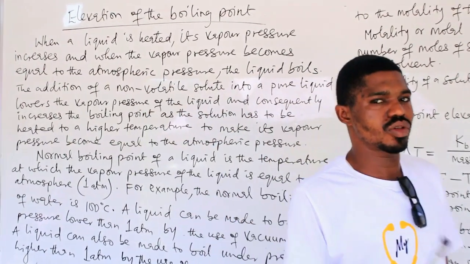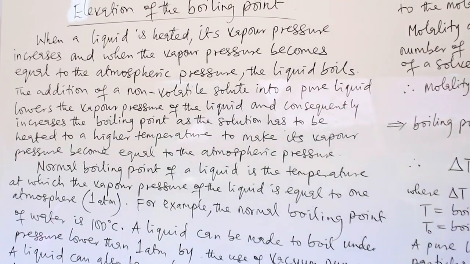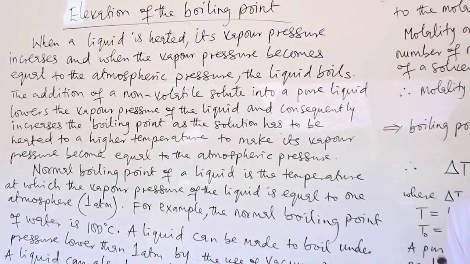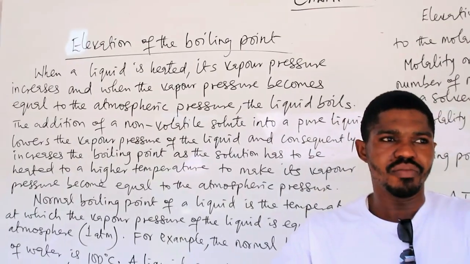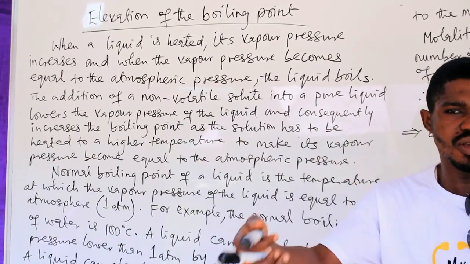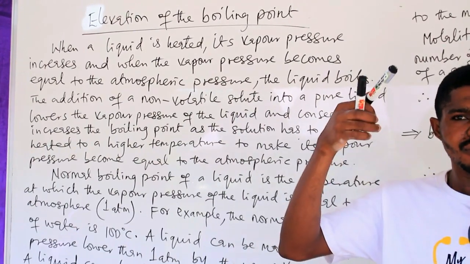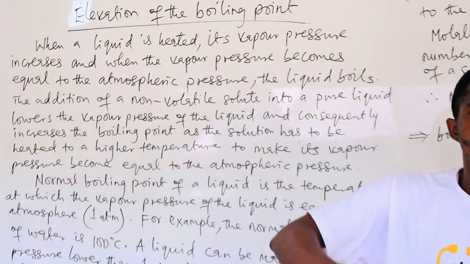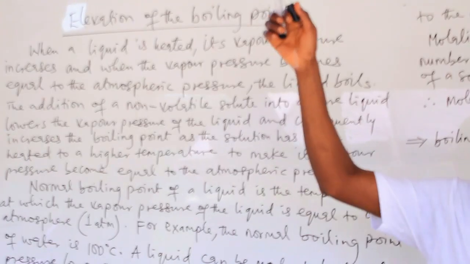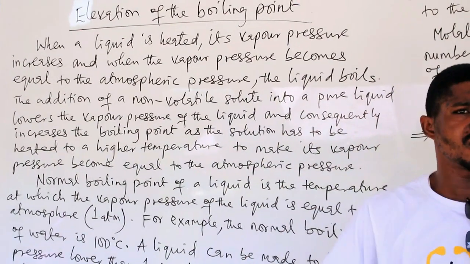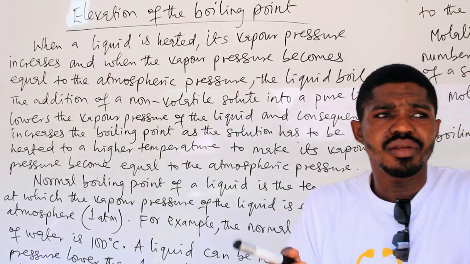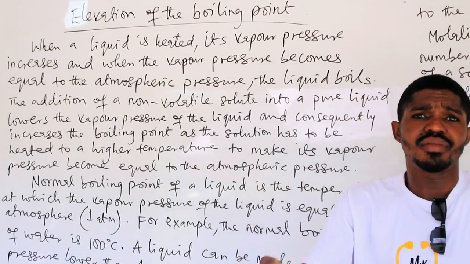Now, when a liquid is heated, you begin to see bubbles. The molecules are rising, and as they rise, some of them escape through the surface of the liquid. As the molecules rise to the surface, the vapor pressure of the liquid is increasing.